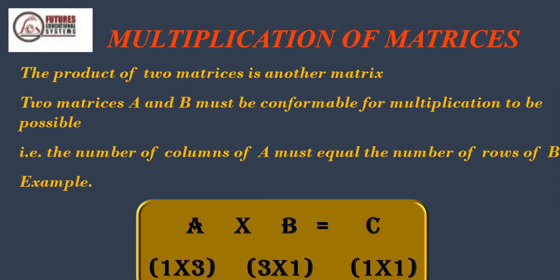In this case, the result equals 1 by 1. We must make the number of columns of the first matrix equal the number of rows of the second matrix.